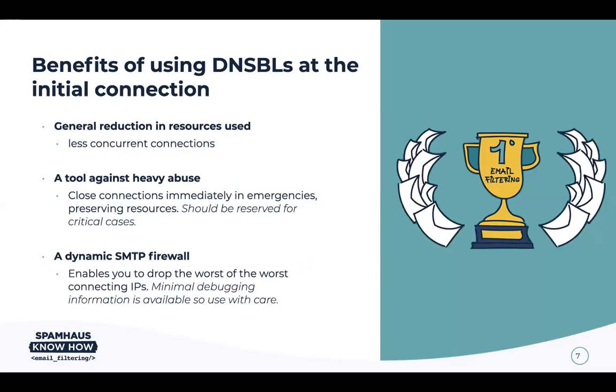Right, so let's look at the benefits of using the DNSBLs at this stage. Mostly there's a great amount of noise you can keep away by not handling those connections to the full extent.